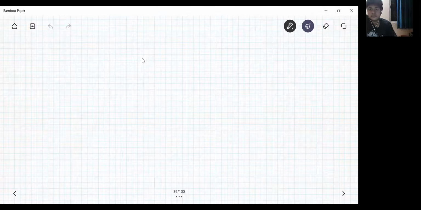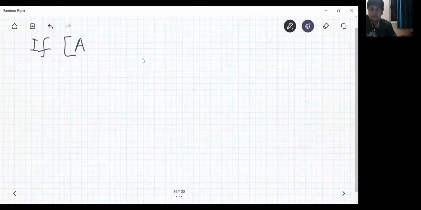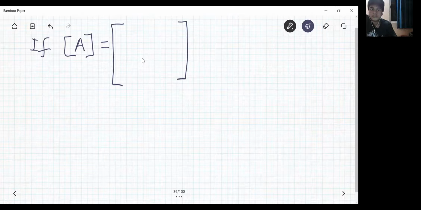Now, we will learn one more operation. If matrix A is equal to, I will give a 3 by 3 matrix.